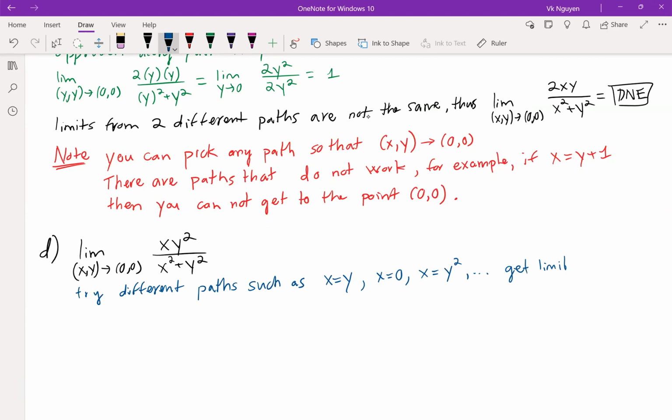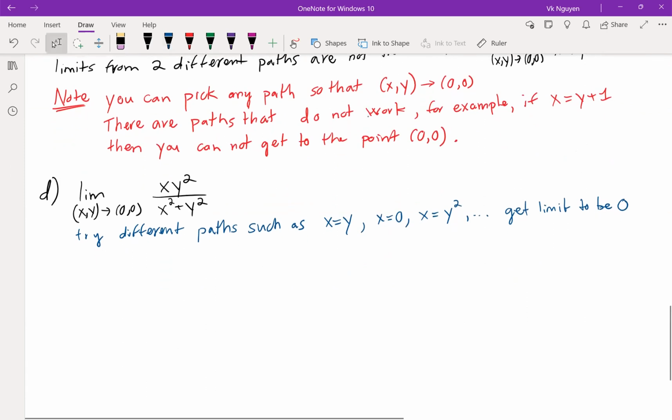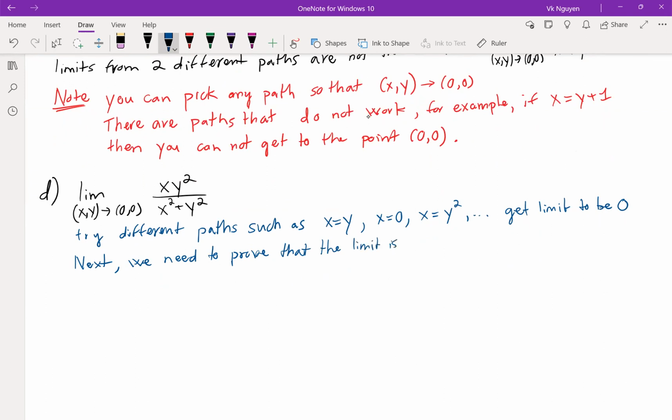You get the limit to be 0. Well, when you get the limit to be 0, it doesn't mean that it automatically equals 0. You have to prove that it is equal to 0. So once you have run the paths, next we need to prove that the limit is equal to 0. Okay, so how do we do the proof here?